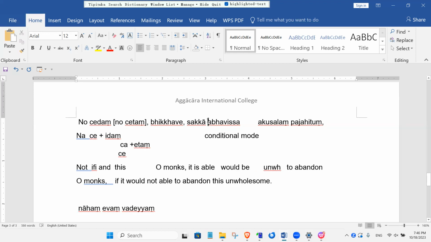Okay, you'll find this in the conditional mode lesson. Which lesson? Conditional mode. Present.